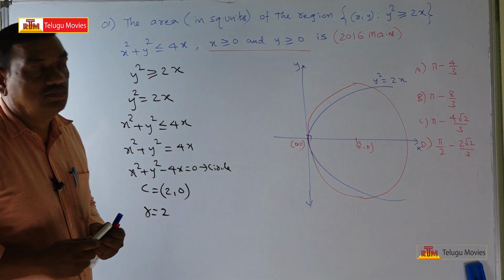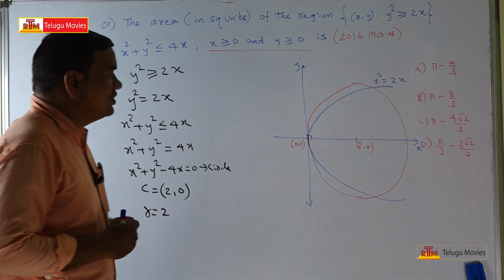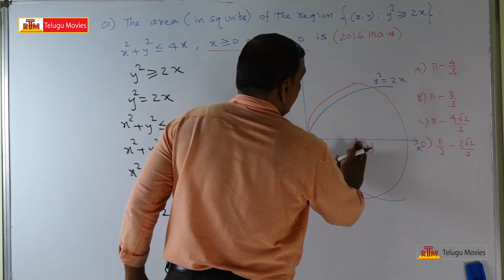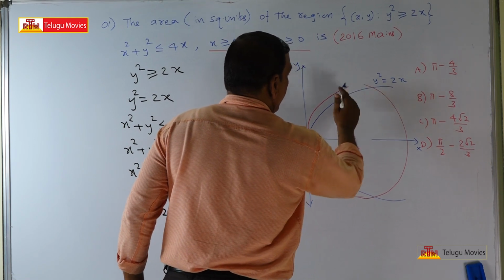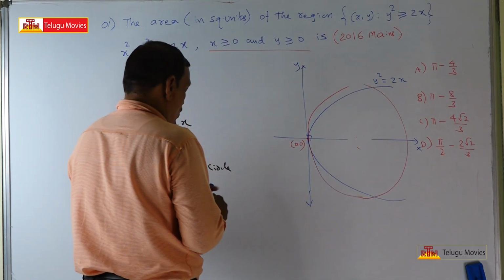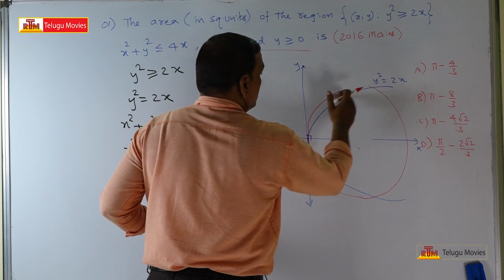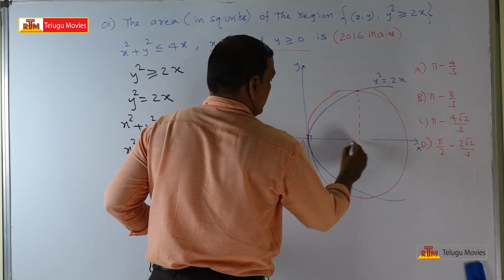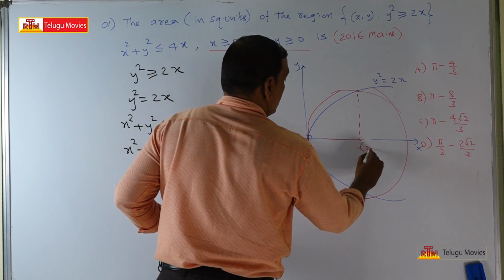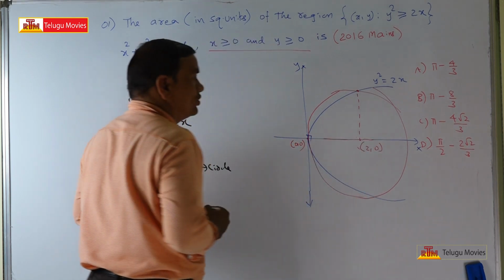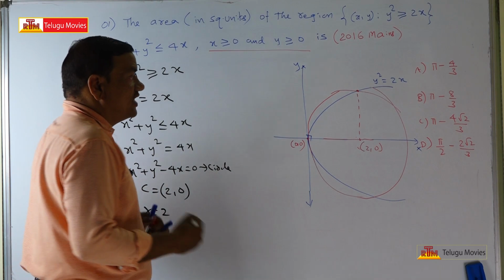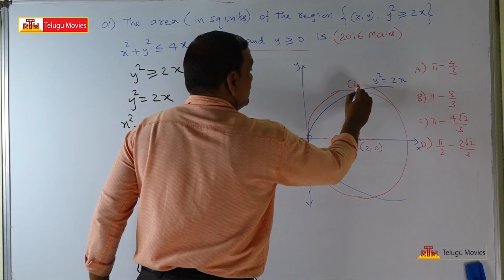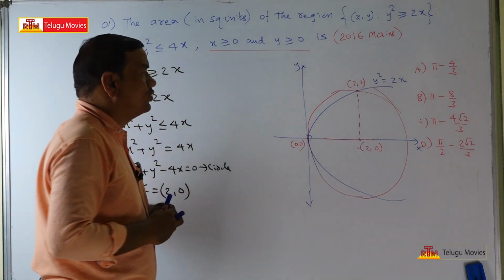Now understand. If you observe clearly the point of intersection where the circle intersects this parabola, this is (2, 0), the center, and this point of intersection is (2, 2). Sir, how can you say that it is (2, 2)?